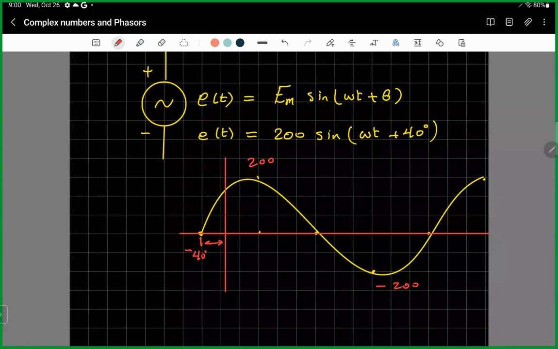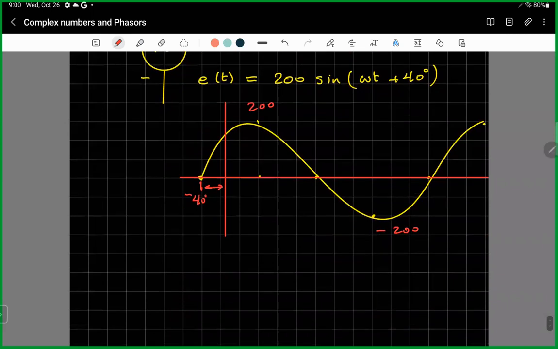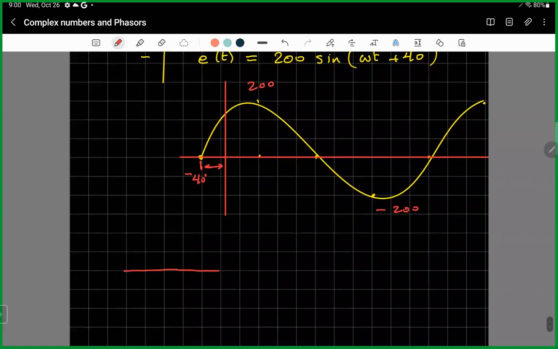But we agreed last time that this will be expressed as a phasor. And what does phasor mean? If we have the real axis here that we always measure from, and this is the imaginary, how do we do the phasor?